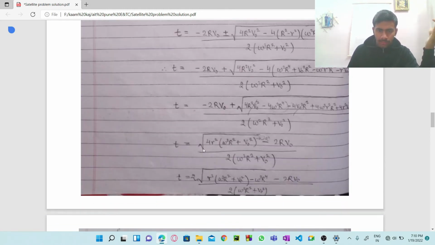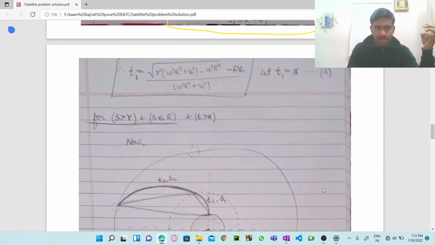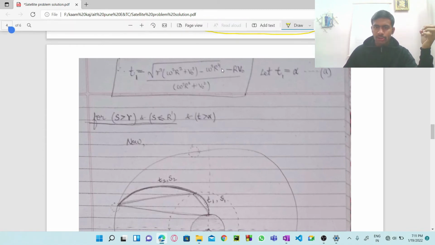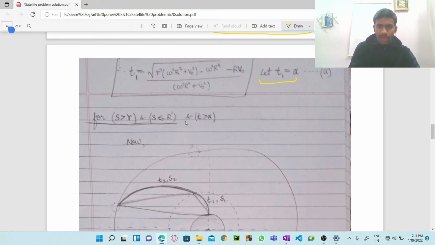This is the amount of time which my satellite would take to reach a distance of r with those conditions. I have assumed it equal to alpha because I need this factor for the next calculations.